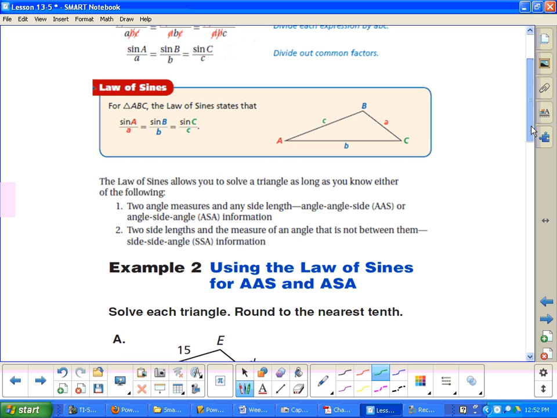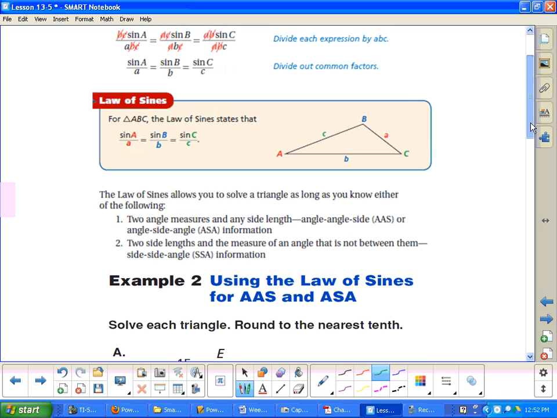Make sure you understand that capital letters refer to angles, and lowercase letters refer to sides. Those sides are across from that specific angle. So when it says the sine of A over side A, that means that if I know angle A, side A is across from, or opposite, that angle. Sine of B over side B and sine of C over side C.